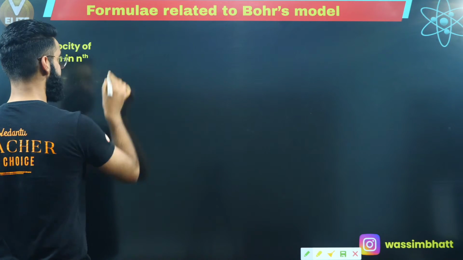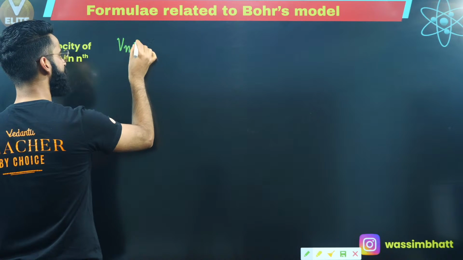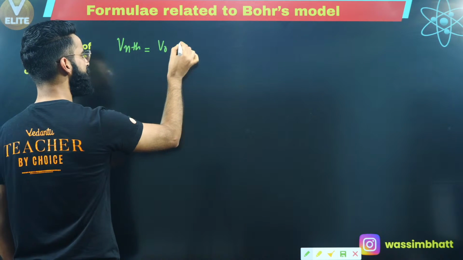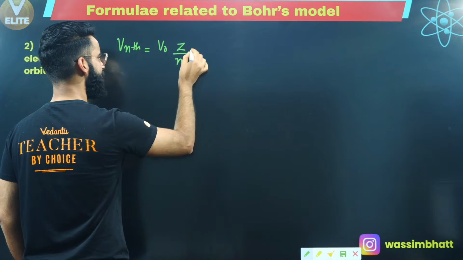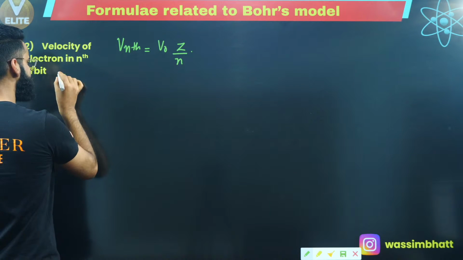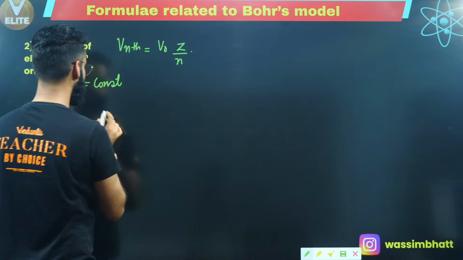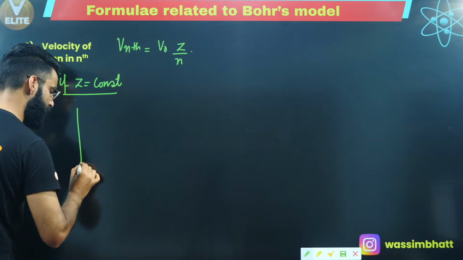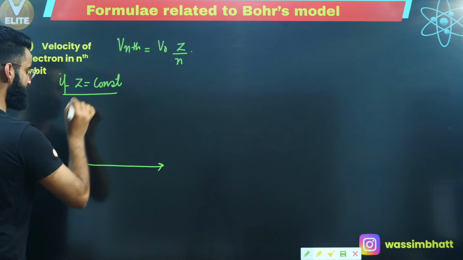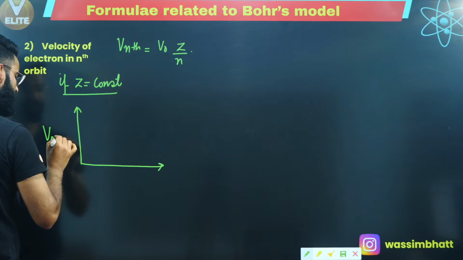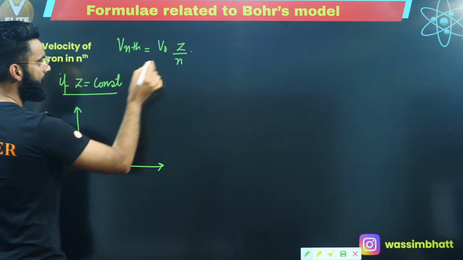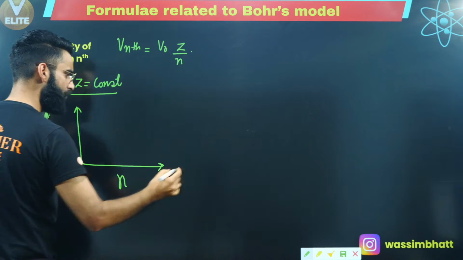Now, a few more things. Let's talk about the basic curves. We got to know velocity of the electron in the nth orbit is equal to V naught Z upon N. If I keep Z as constant, I want you to plot a curve between velocity of nth orbit versus N. This is the first curve which you'll be plotting.